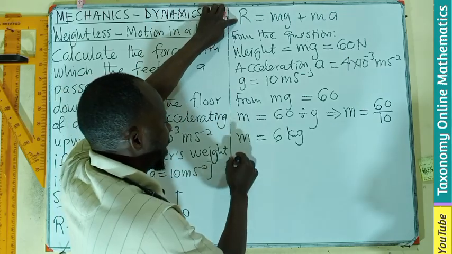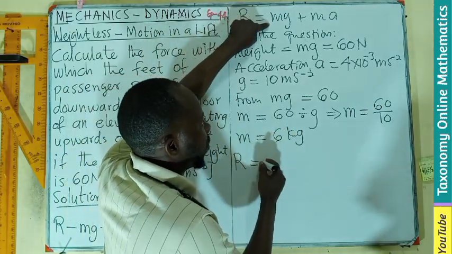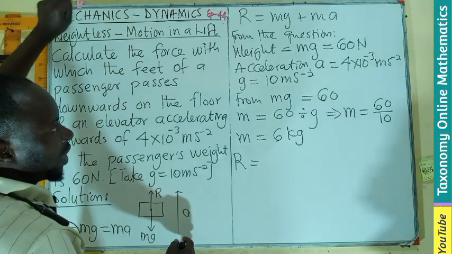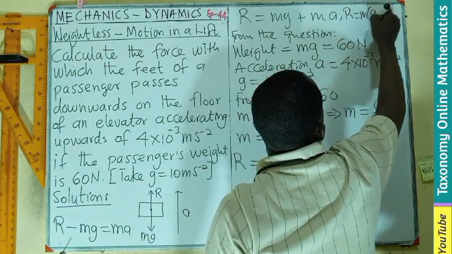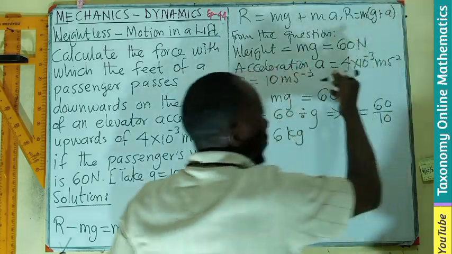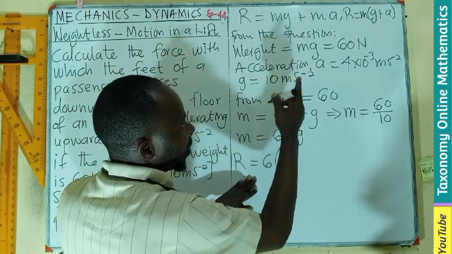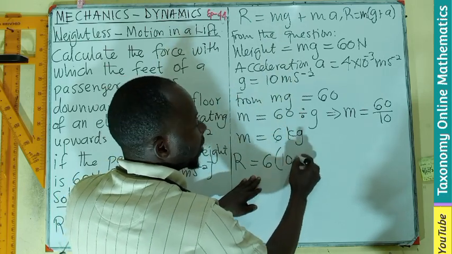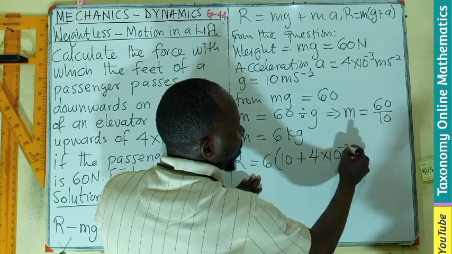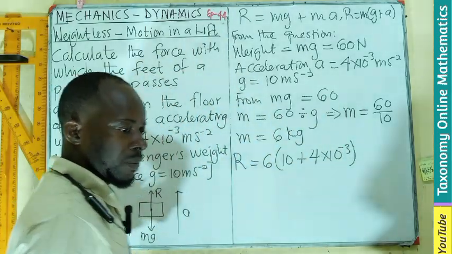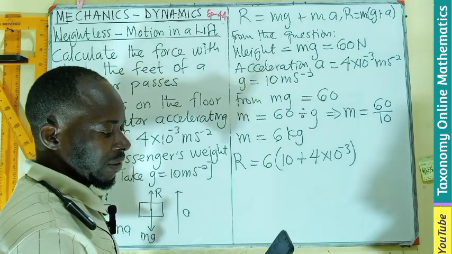What do I need? The apparent weight will now be equal to the mass, which I can factorize out. From here, we can factorize this as m times g plus what? a. So I have 6 into bracket, force of gravity 10 plus 4 times 10 exponent what? Negative 3. Let's check that in our calculator.